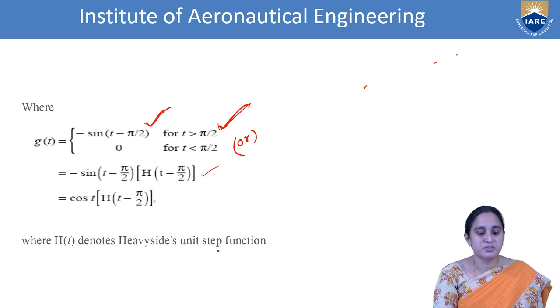That is minus sin t of minus pi by 2, into h of t minus pi by 2. But here, once you observe, sin of pi by 2 is how much? Cos t.